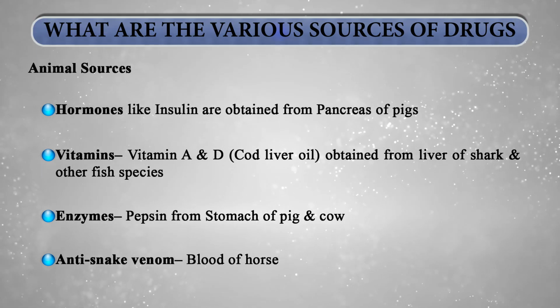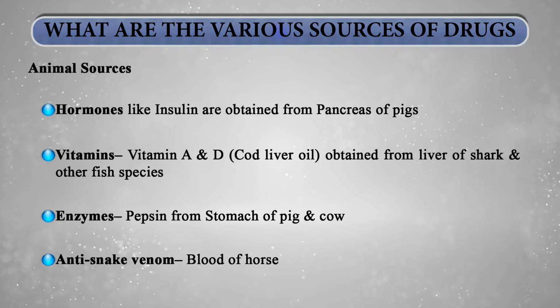And how is it obtained? It is obtained from the blood of horse. So these are the drugs obtained from animal sources, and the animals used are pigs, liver of fish, even horse and cow. So we have some very important life-saving drugs which are obtained from animal sources.